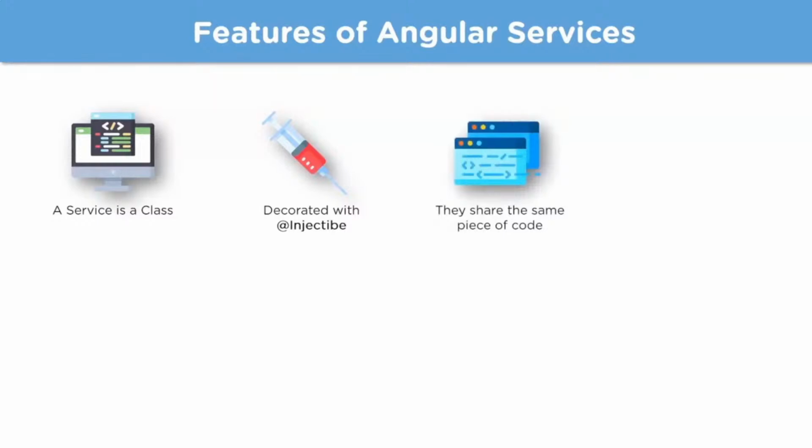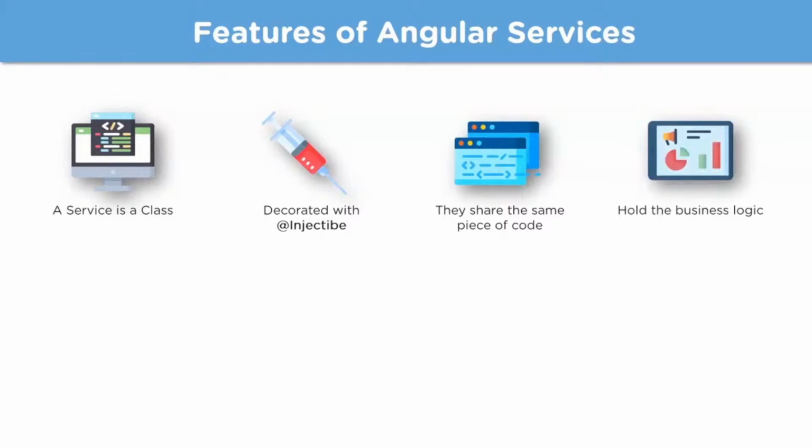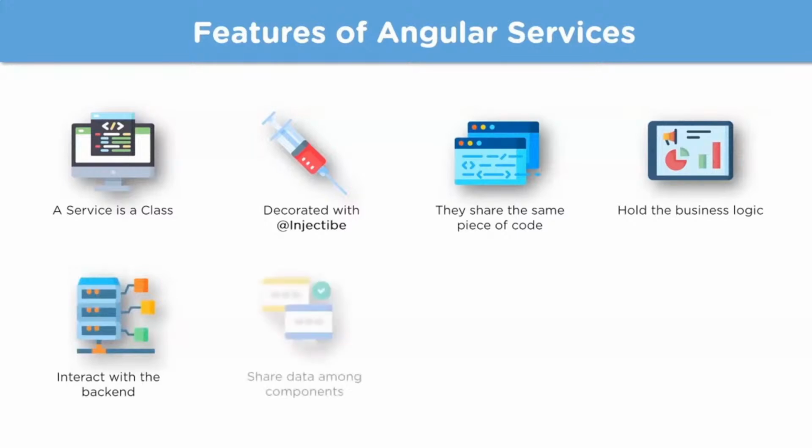They can also inject other services as dependencies. Now these services hold valuable business logic and can also be used to interact with the backend. Now for example, if you want to make AJAX calls, you can have methods for those calls in a service and then use it as a dependency in files.